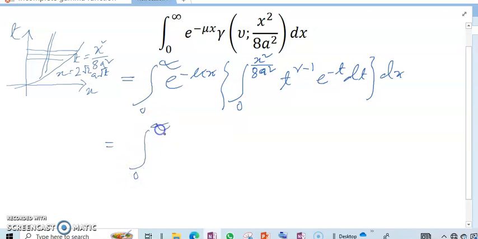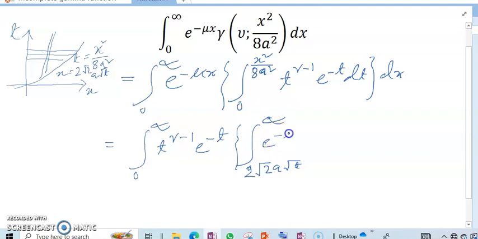So it is the integral from 0 to infinity of t to the power gamma minus 1 and e to the power minus t, and the integral from 2 root 2 a root t to infinity of e to the power minus mu x dx, into dt.